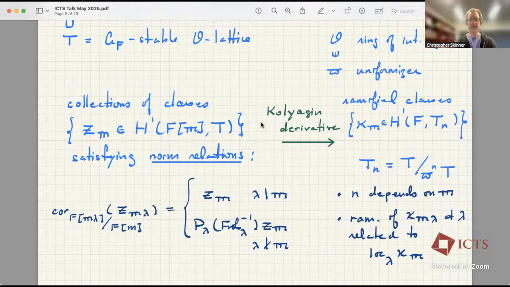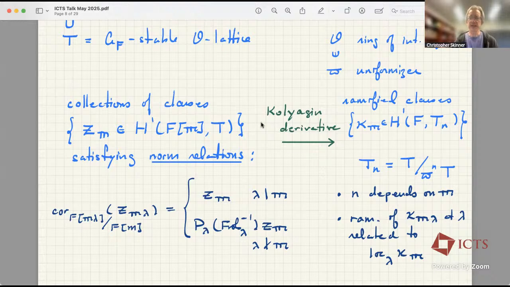And one wants some compatibility. So in practice, we now know the kinds of relations that we would like for this procedure to work. If lambda already divided the modulus m, then we should be getting just the class for m on the nose.